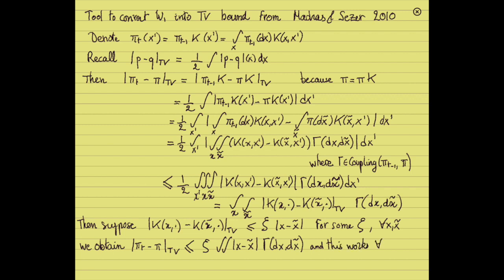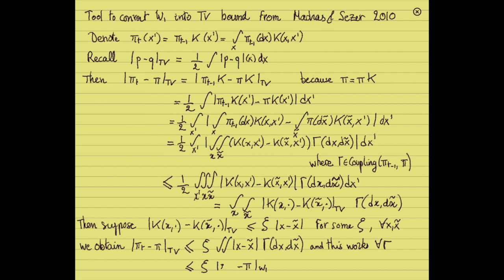So this works for any coupling gamma. And in particular, since this works for any coupling gamma, we can take the infimum over all couplings of this expected distance, and we obtain zeta times the 1-Wasserstein distance between pi t minus 1 and pi.